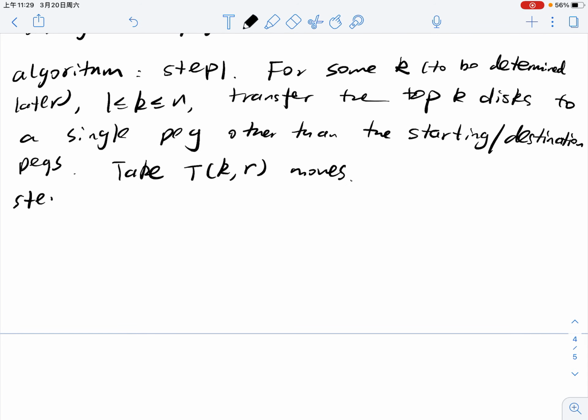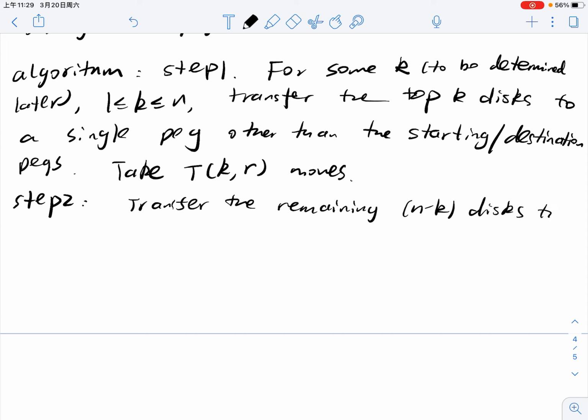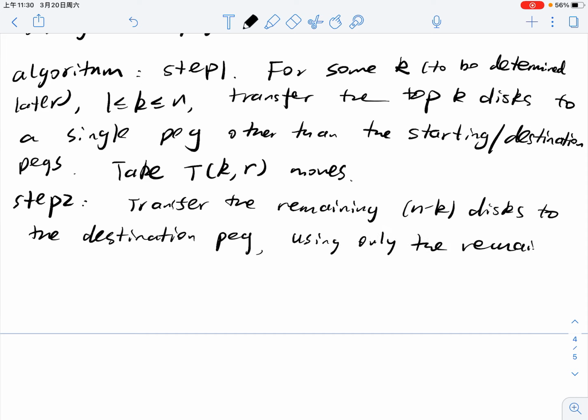And then step 2, transfer the remaining m minus k disks to the destination peg using only the remaining r minus 1 pegs.